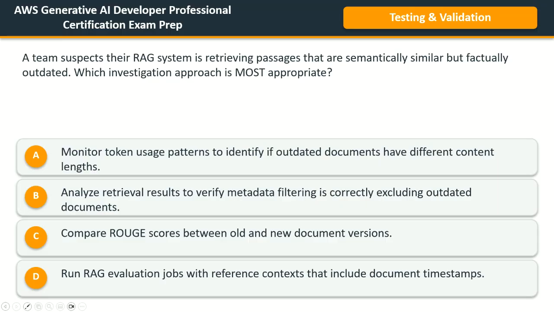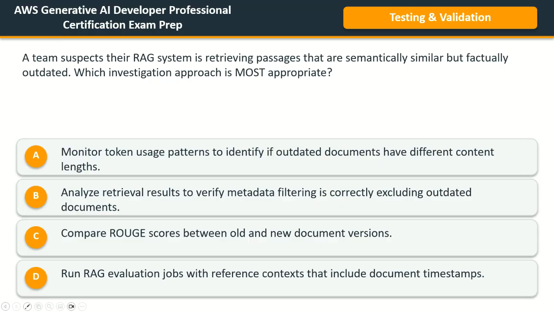Specifically, it points to missing metadata, incorrect metadata filters, or filters not being applied correctly at query time. So the right investigation is to look directly at the retrieval results and verify that metadata-based filtering is actually excluding outdated documents. That is exactly what option B describes, and that is why B is the correct answer.